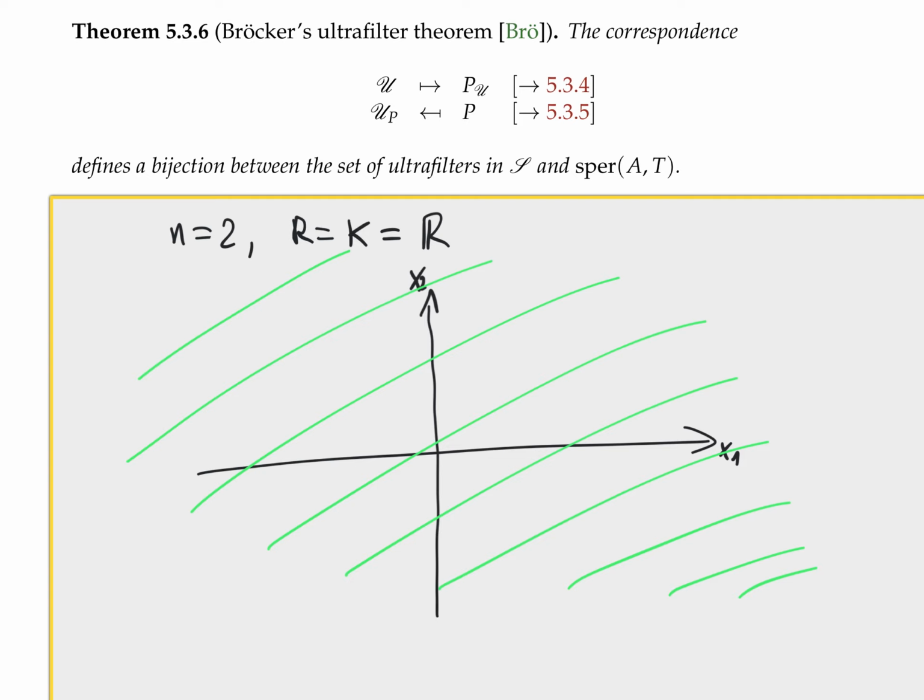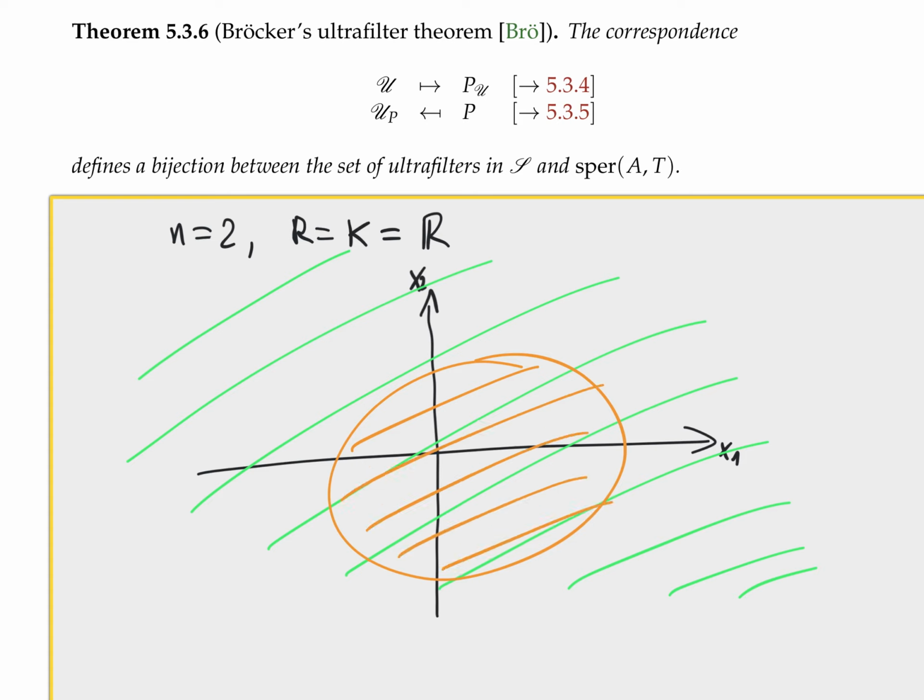But now let's look more closely. What ultrafilter do we have? How could one find out? I mean, not really, but conceptually. You take any semialgebraic subset of the plane, for example a disk.